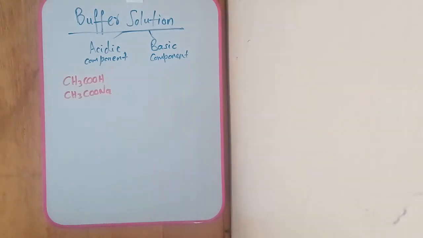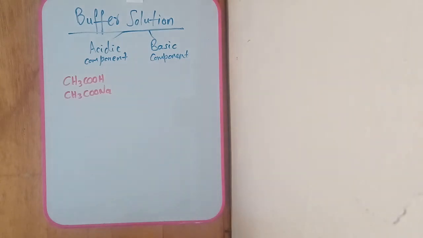Okay, so we also have weak acid base conjugate pairs. So I'm going to write a typical example of a buffer solution, the preparation of a buffer solution.